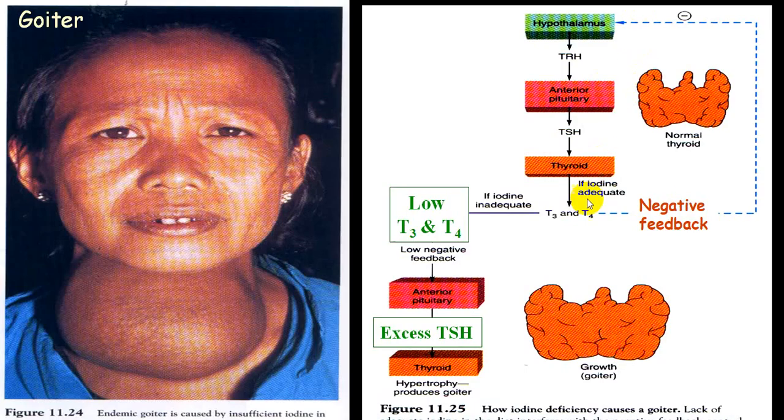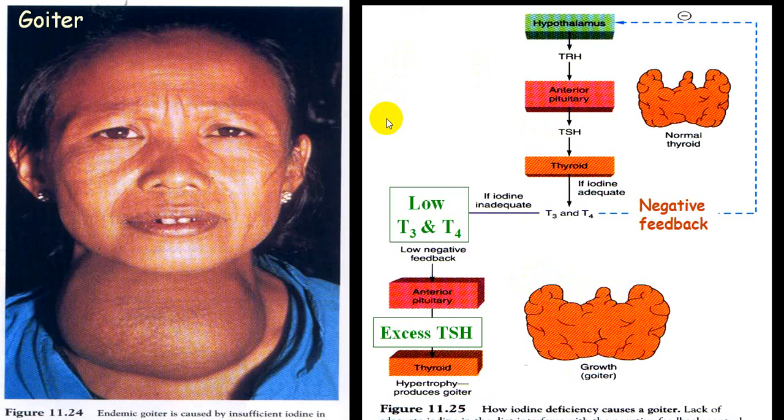So this is peculiar, this is a negative feedback, this is a long loop, and this inhibits the thyroid, it is a short loop. So a low level of T3 T4 will stimulate the anterior pituitary and there will be excess TSH formation, and that will act on the thyroid gland and will increase the size of the thyroid gland also, and that will result in formation of a goiter.